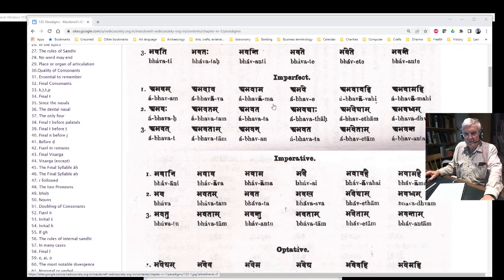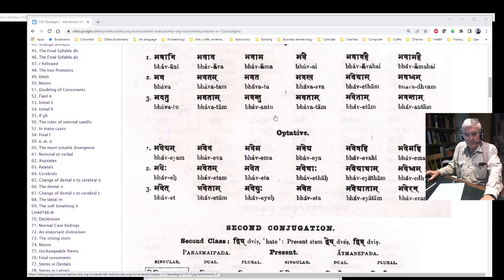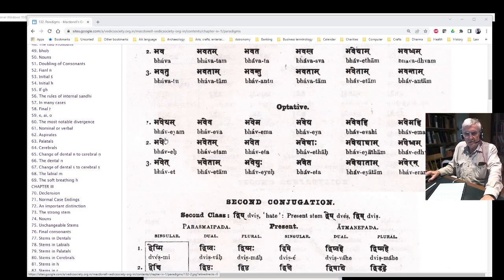Now let's go down to the optative, and bhaveyam, bhaveh, bhavet, plural bhavema, bhaveta, bhaveyu. The endings, you will see the characteristic m and the h there that represents the s, which is bhavasi, bhave, bhavati, bhavet.